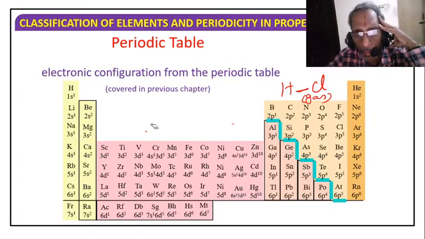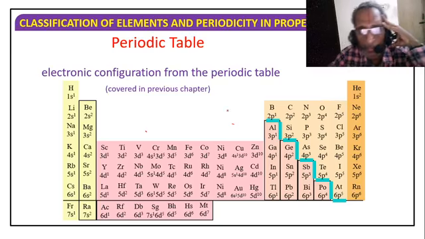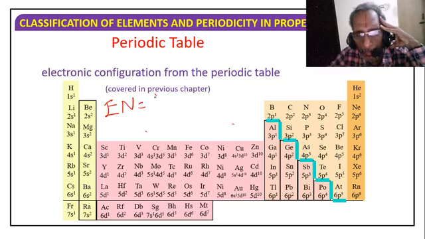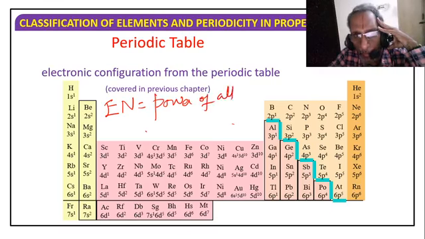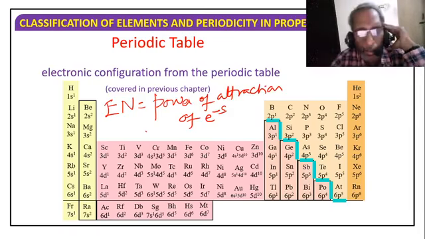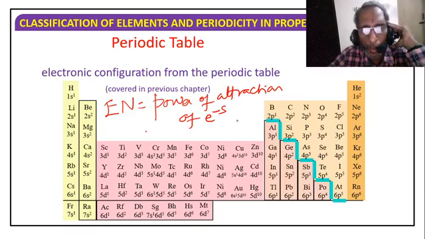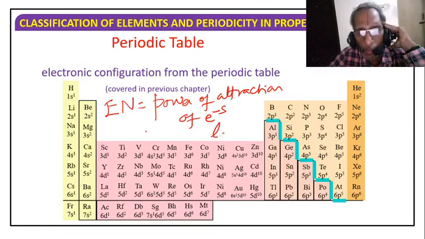What is the meaning? Here now comes the question of electronegativity. What is meant by electronegativity? Electronegativity is the power of attraction of electrons. Or on the other hand, the power of losing an electron is called electropositivity.